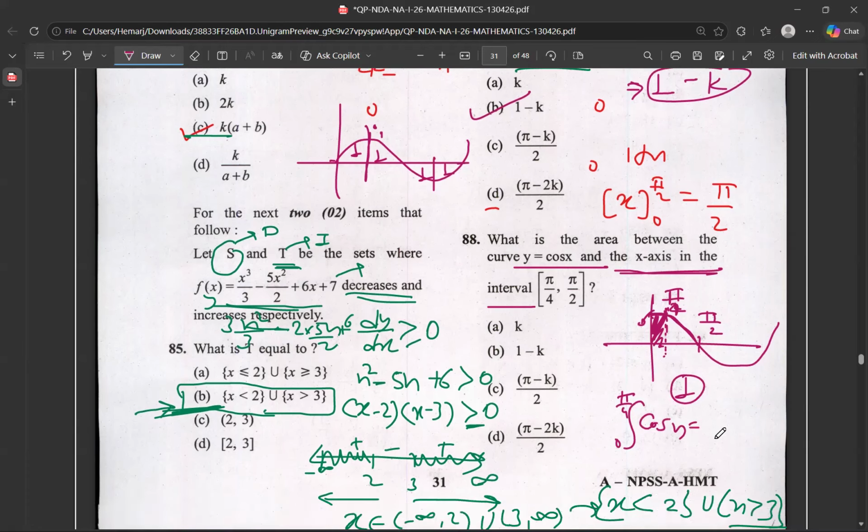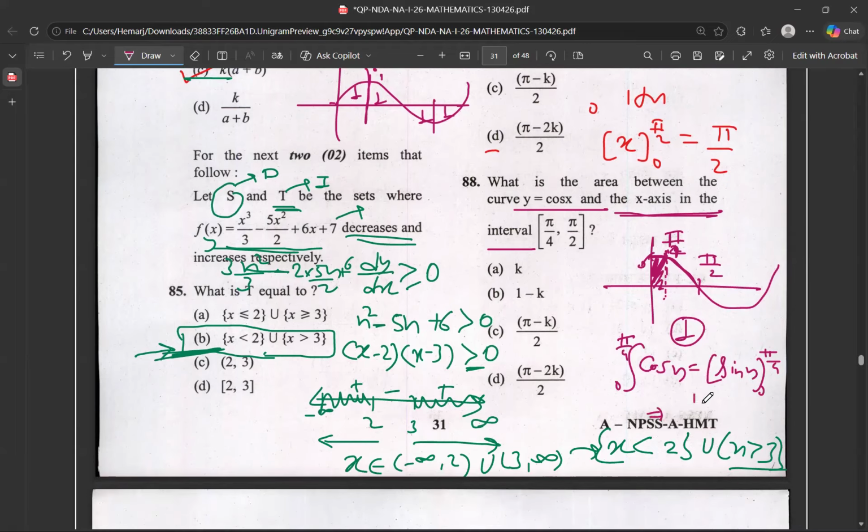The integration of cos x is sin x, from 0 to pi by 4. So sin pi by 4 is 1 by root 2 and sin 0 is 0. So this area is 1 by root 2. But the answer is given in the form of K, so we have to introduce it.